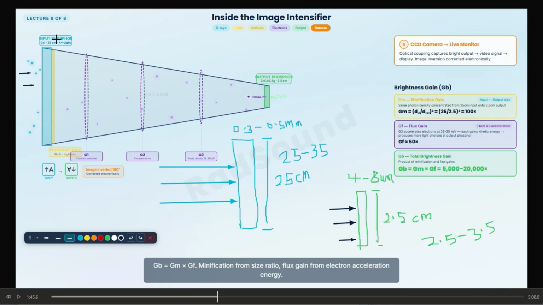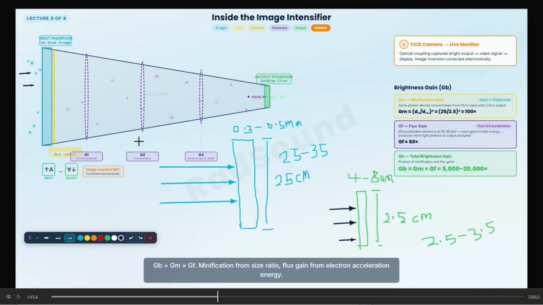Now the input passport is made from cesium iodide, and that cesium iodide will convert the remnant of the X-ray into light, and that light will be converted by the photocathode, which is made from antimony cesium. That photocathode will convert the light into cathode electrons, and the electrons will be controlled by the G1 electrode.